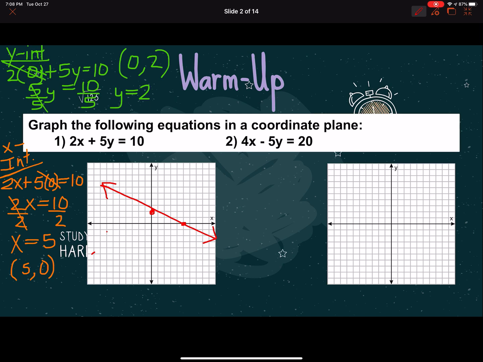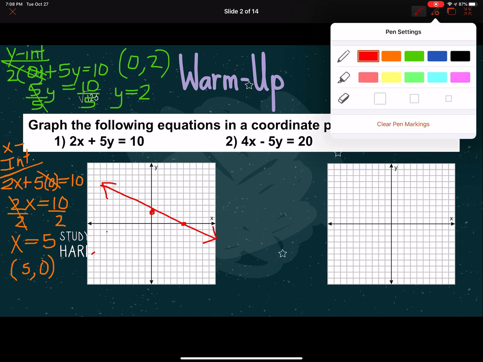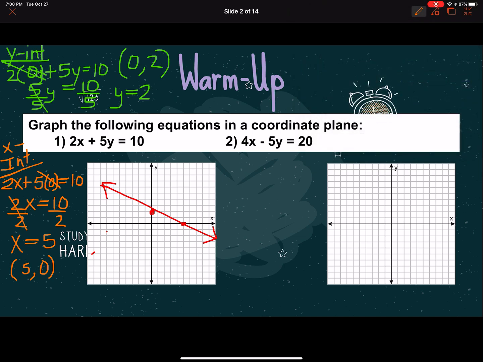Okay, we're going to go through the same process for number 2. So again, we're going to find our x-intercept by substituting a 0 for y. So we have our standard form equation, 4x subtract 5y equals 20. I'm going to replace the y with 0 and set it equal to 20.